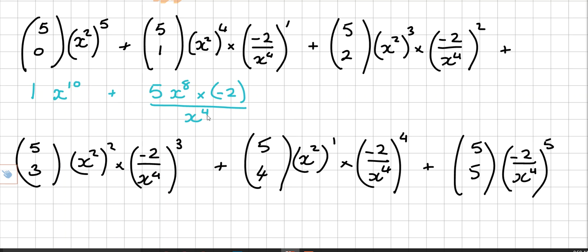That's 5 times x to the 8, and then we've got minus 2 to the power of 1 all over x to the power of 4. Because when you're multiplying everything and then you've got a division, you do the whole thing. The next one then, 5, 2: 10 times x to the power of 6, and then it's times 4 all over x to the power of 8.